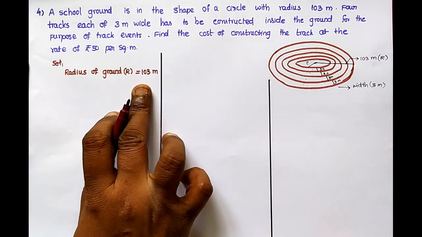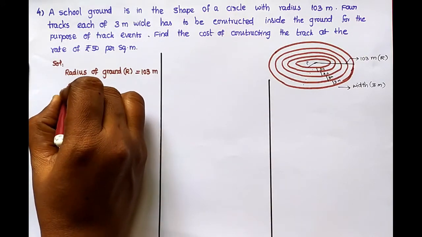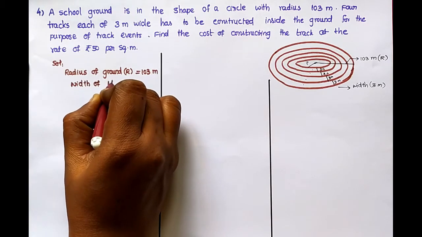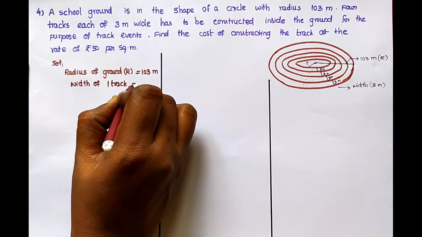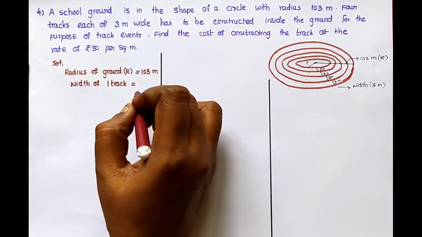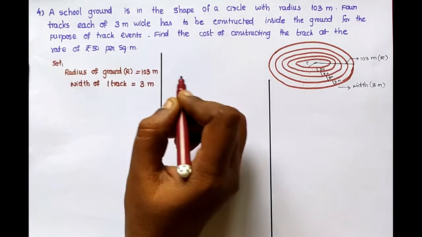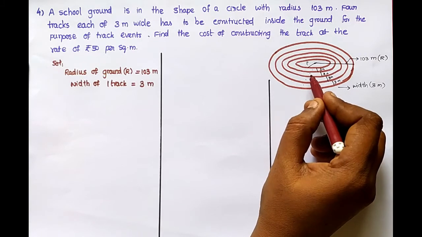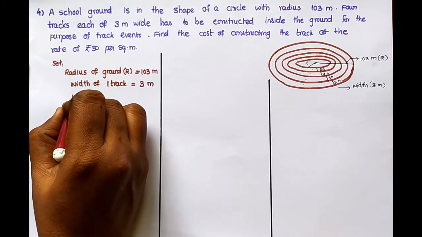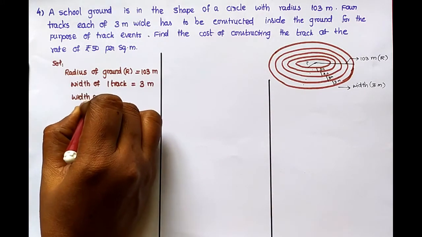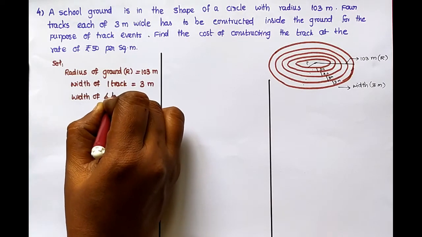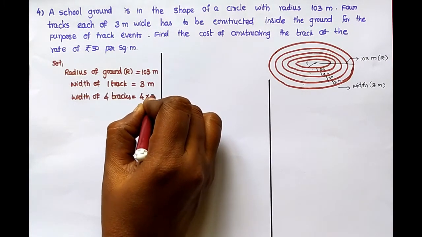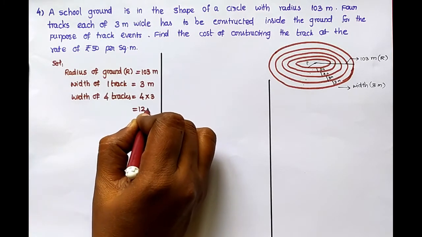That is given. And then width of one track equal to how much? 3 meter. Now how many tracks? 1, 2, 3, 4 tracks. So width of 4 tracks equal to 4 into 3, that is 12 meter.